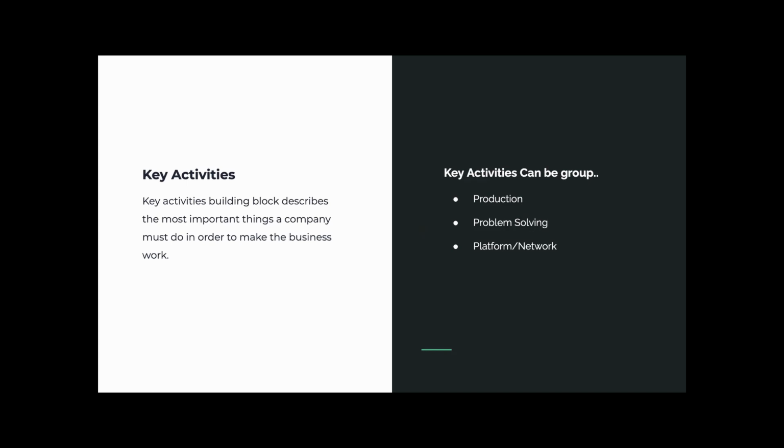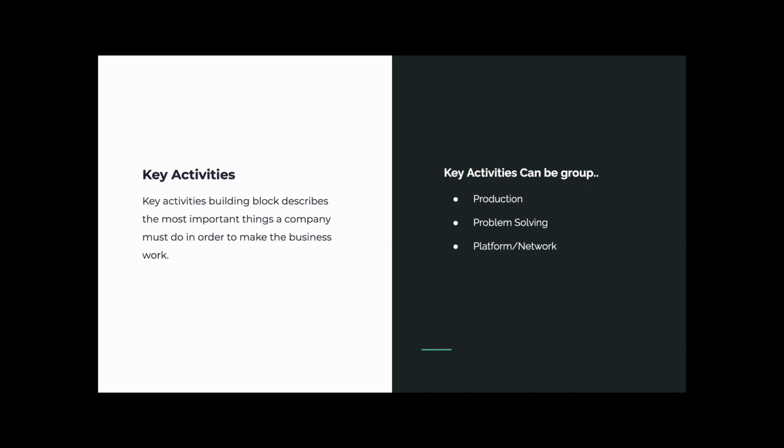And so production can also be something that you'll see a lot with producer cooperatives. Platform or network: there is such a thing as platform co-ops, which fit into these key activities. And what platform co-ops provide is a service that can help lower costs. And so maybe that is an online food ordering app that food co-ops can use.